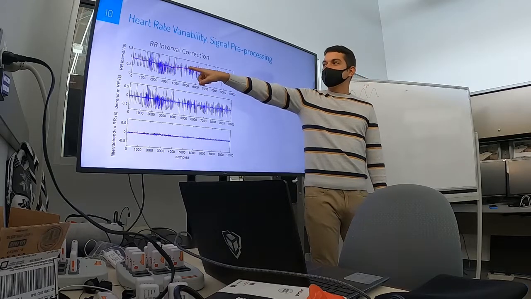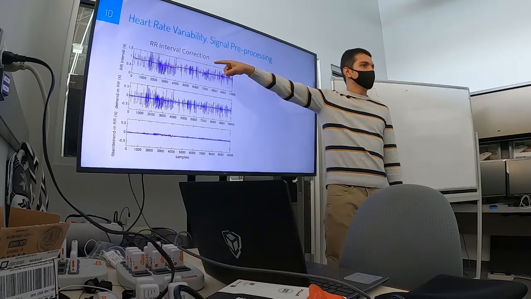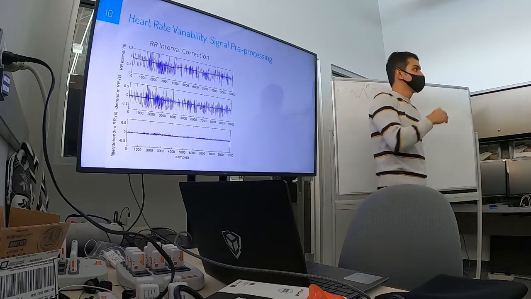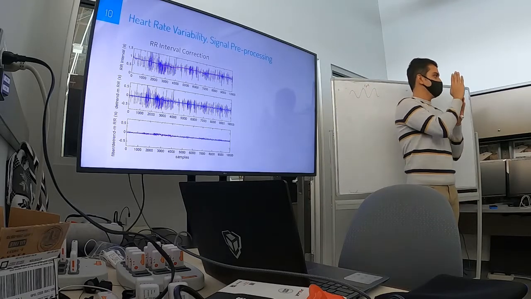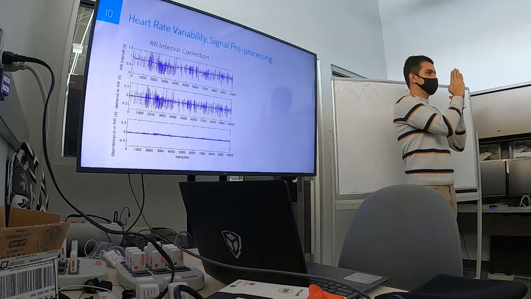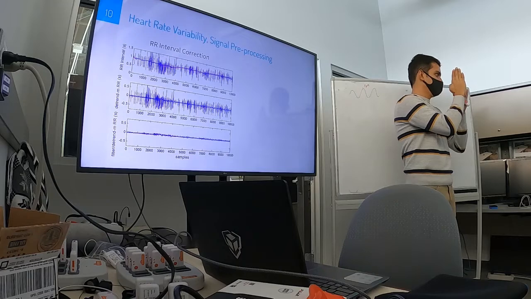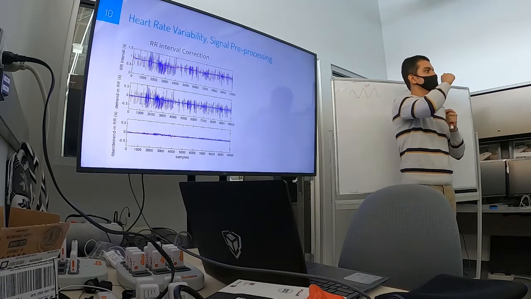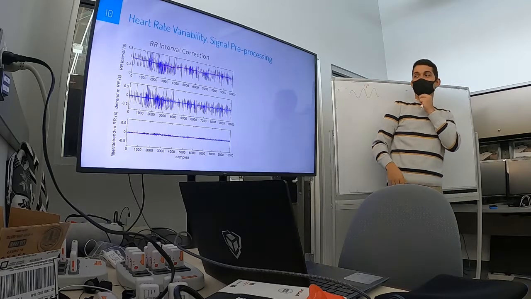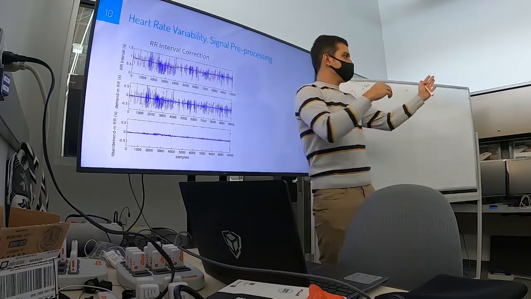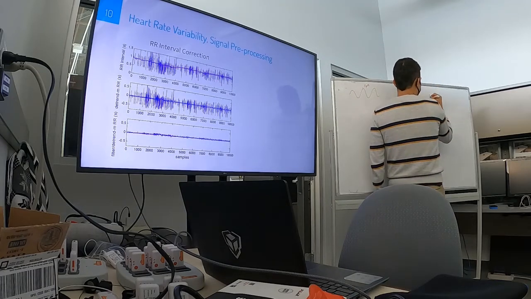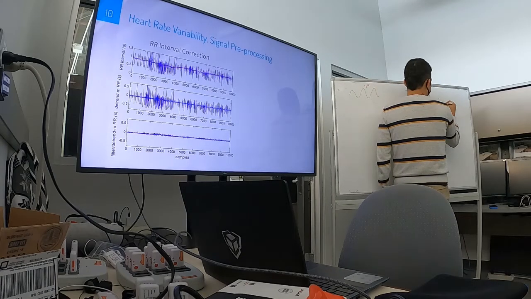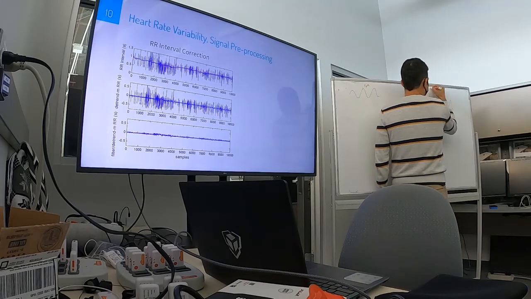I don't know if you noticed, but all of those peaks are outliers. You might have seen in the other video that sometimes the script or the technique for peak detection was skipping some of the peaks. At that moment that the algorithm is skipping, it's giving you an outlier, because instead of counting from this to this, it's skipping one, so it's counting from this to this.